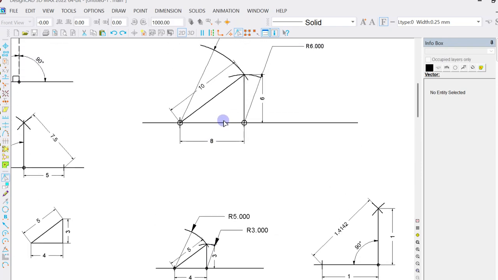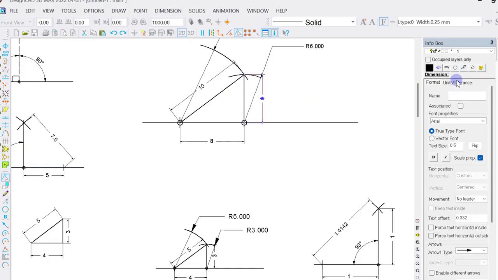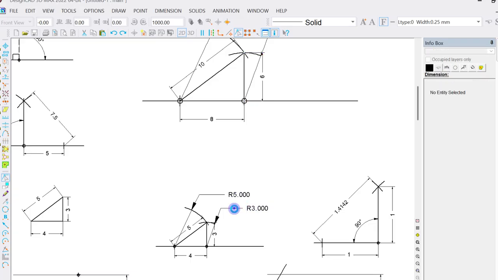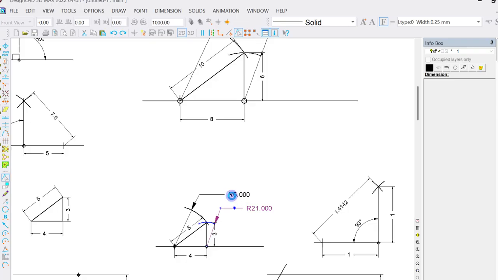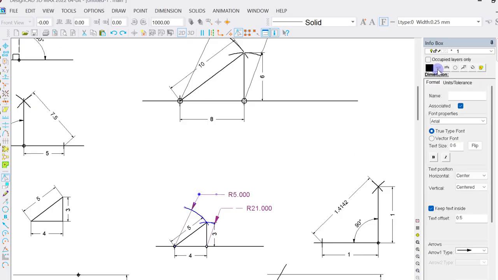You can use any multiple you want. 6 8 10. You could scale these dimensions here. Or let's go back to this one, right? You could take a multiplier of 7, as long as you do that to this one, and then make it the same.